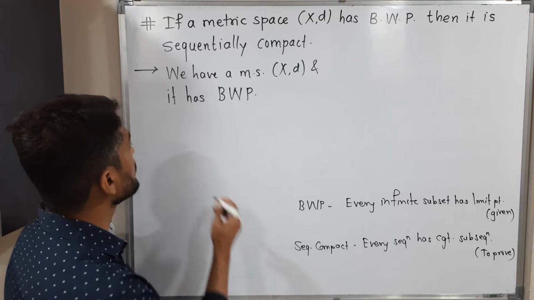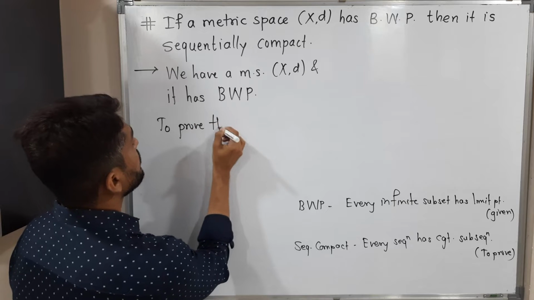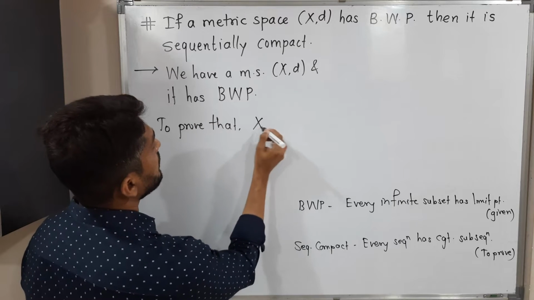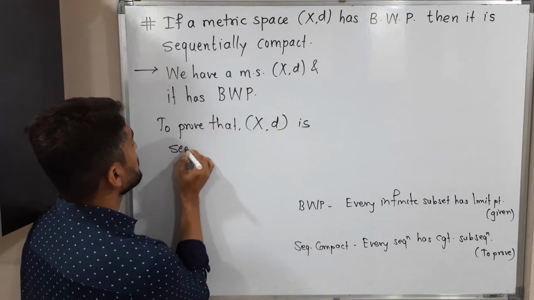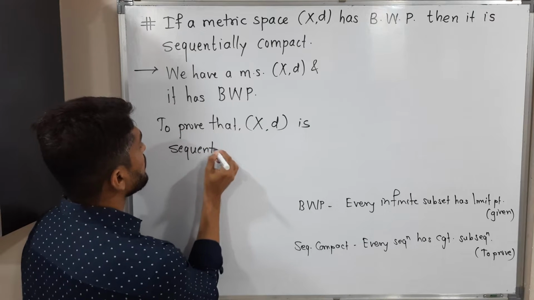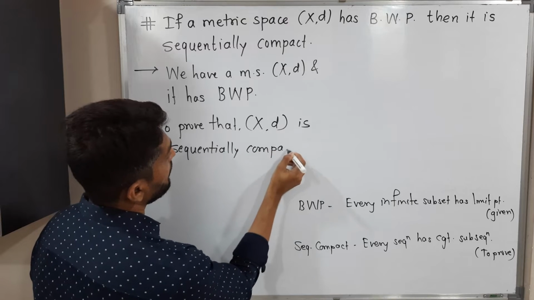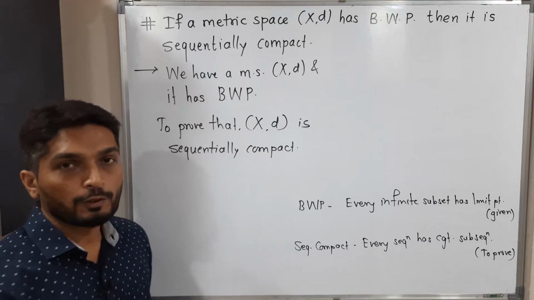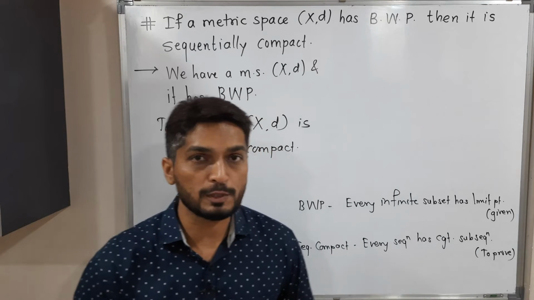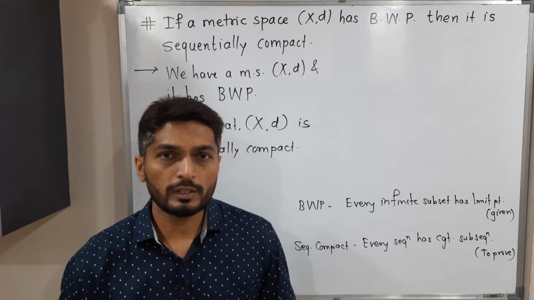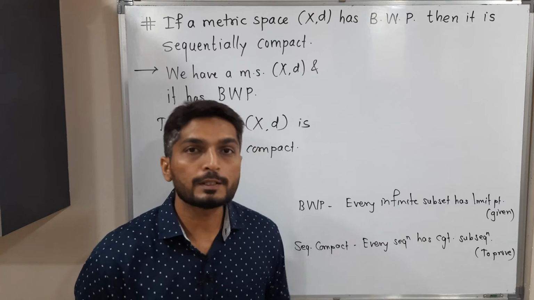So let me mention here, to prove that X, d is sequentially compact. Sequentially compact means what we have to prove exactly? We have to prove that every sequence has a convergent subsequence.